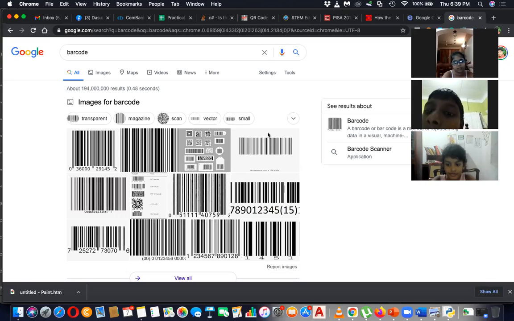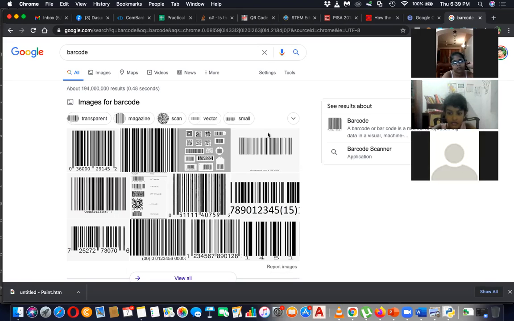Right, anyway. Can you remember, have you seen these things somewhere? In boxes? Yes, sir, in boxes. Sometimes it's there in computers even. Okay, I can show you one.